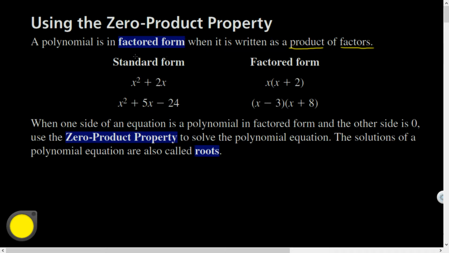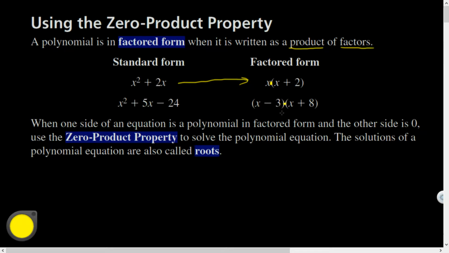So standard form of a polynomial was when we wrote it from highest exponent to lowest. Remember, we went kind of downhill with exponents. So here's 2, here's 1, you could technically see an x to the 0 there. 2, 1, 0, right? It's going down. The factored form of this is if I write it as the product of things.